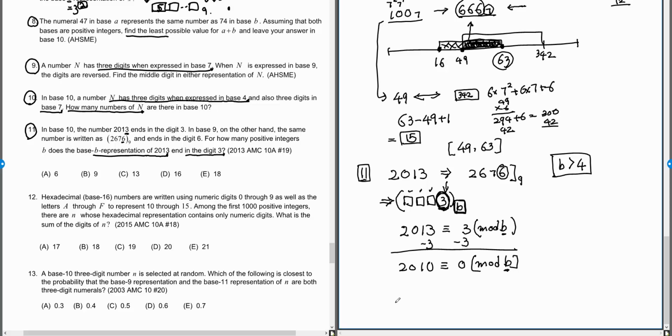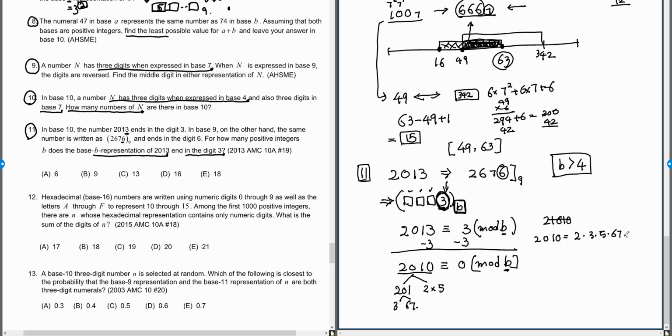But you're going to find these numbers, so find the factors of 2010. 201 times 10, and 10 is 2 times 5, and 201 is 3 times 67. So 2010 is actually 2 times 3 times 5 times 67, right?